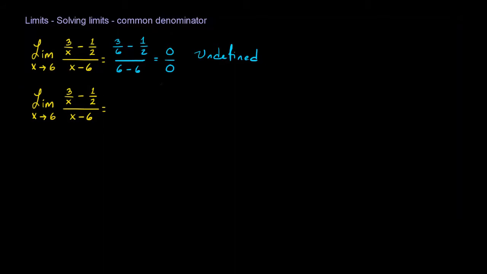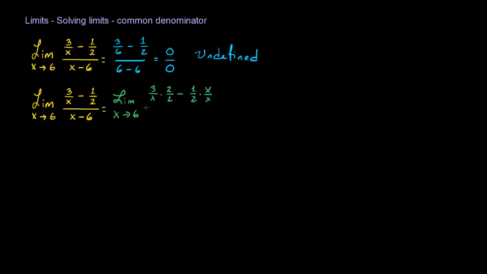I'm going to start by getting a common denominator between these two terms in the numerator. So I'm going to multiply the 3 over x times 2 over 2, and the other one, the 1/2, I'm going to multiply by x over x.